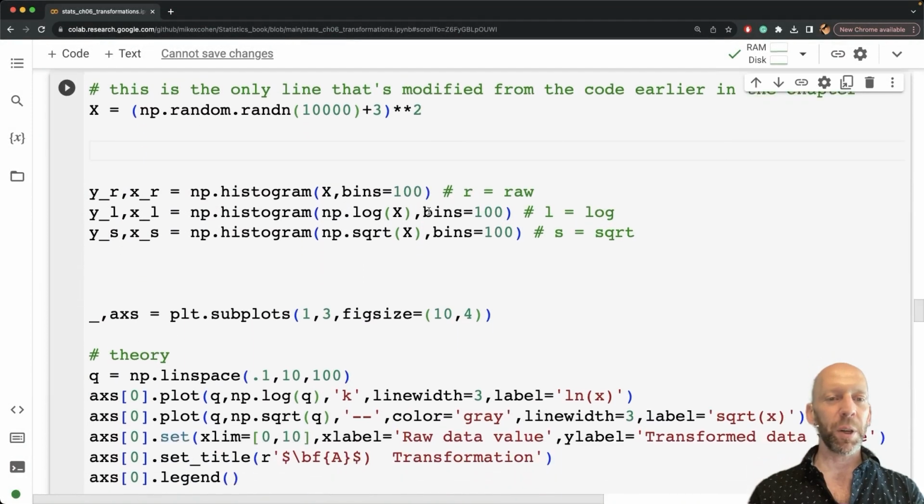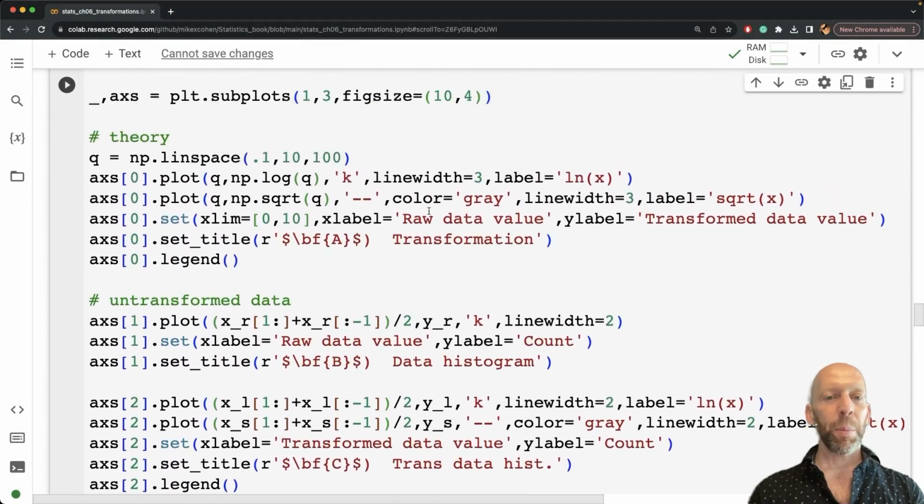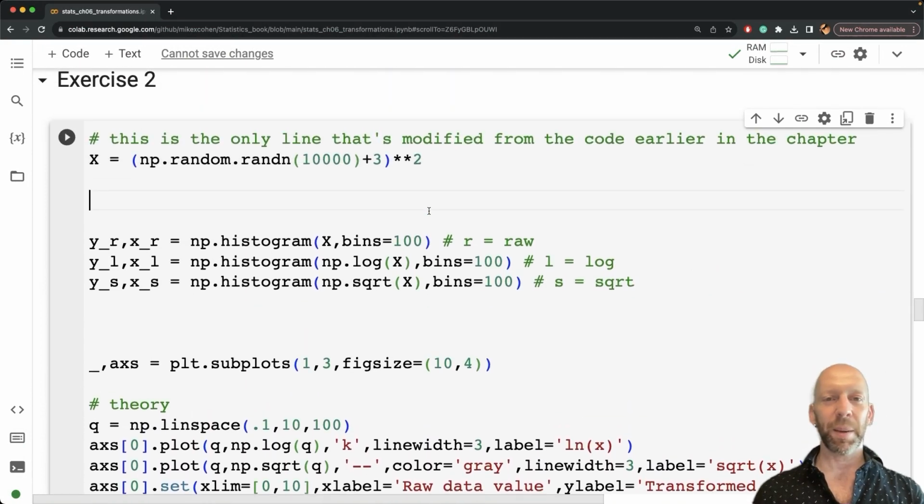Okay, so there's a lot of code here for exercise 2, but actually it's pretty much just copy-pasted from the code that creates figure 6.9, which is presented earlier in this code file. As I write in the text, if you want an extra challenge, you can write code from scratch to create that figure.